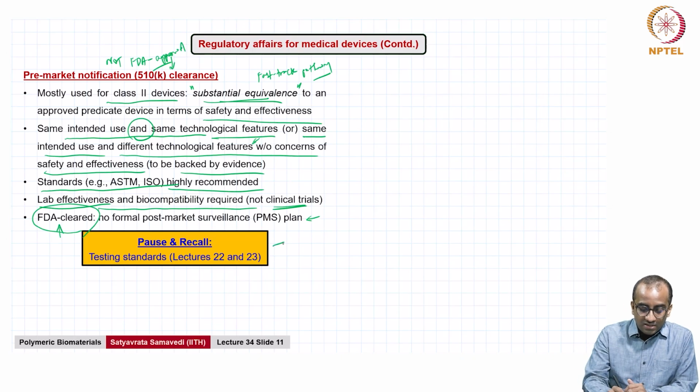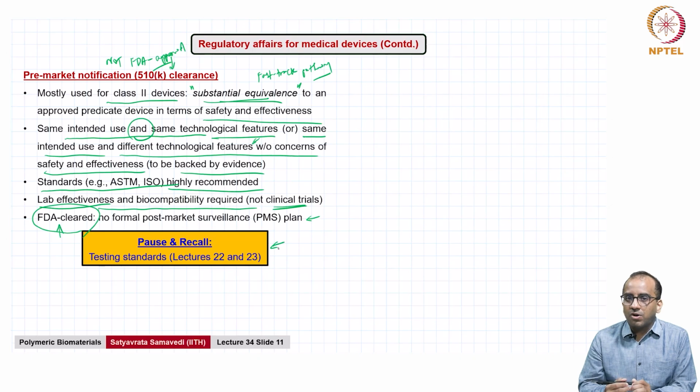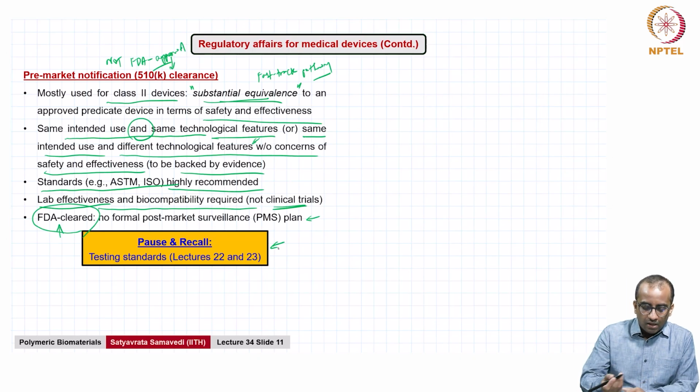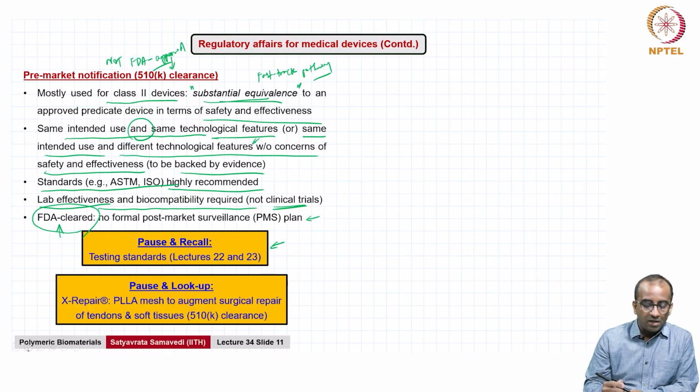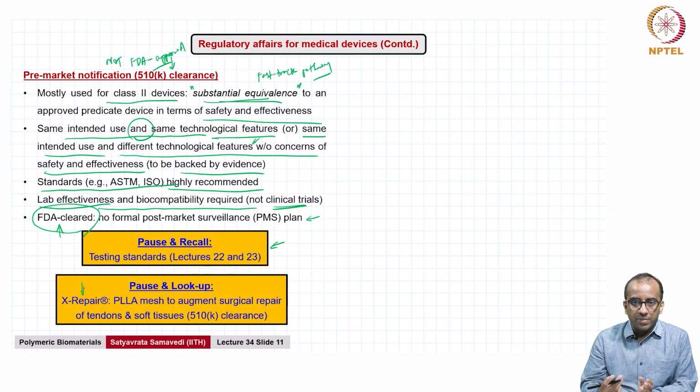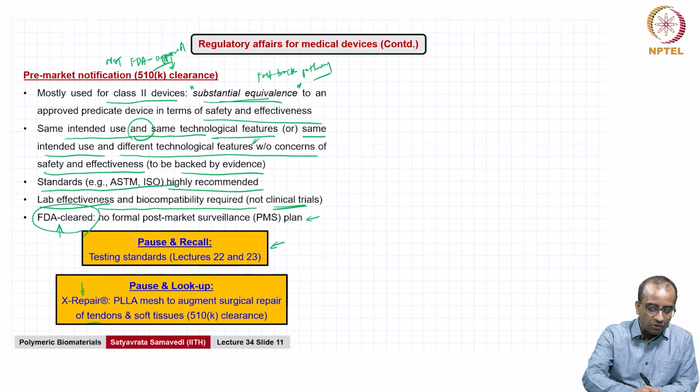Again, as far as testing and standards are concerned, now would be a good time to pause and recall that when we did mechanical testing in lectures 22 and 23, we looked at several examples of standards that are typically used. I would also give you a specific example here, and I would suggest that you look up the standards used for testing this X repair, which is essentially a woven PLLA mesh used to augment surgical repair of tendons and soft tissues.